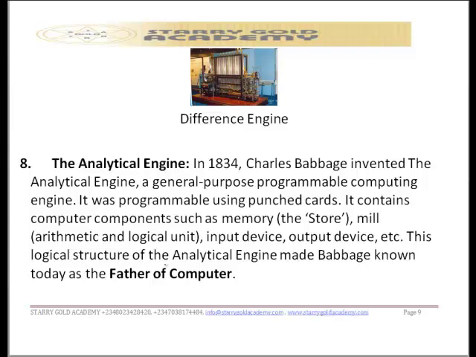Okay, and the feature is that it was an automatic calculating engine.